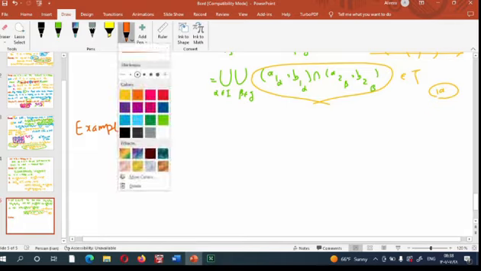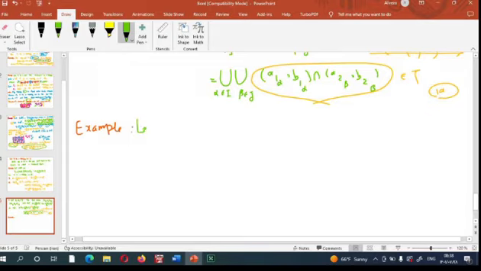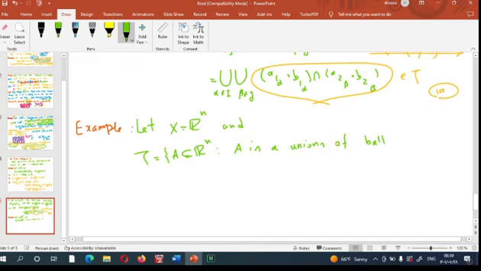X equal to R to the power of n and tau equal to the set of all subsets of R^n such that A is a union of balls, okay? Balls in R^n.